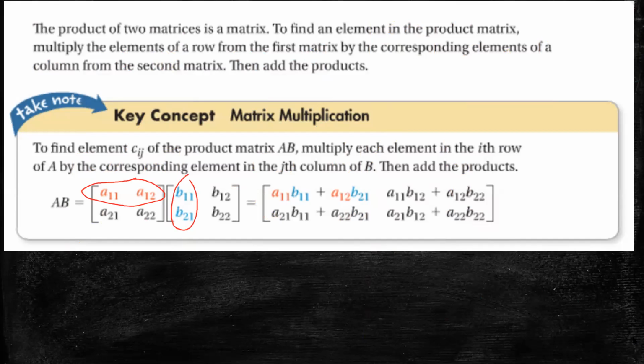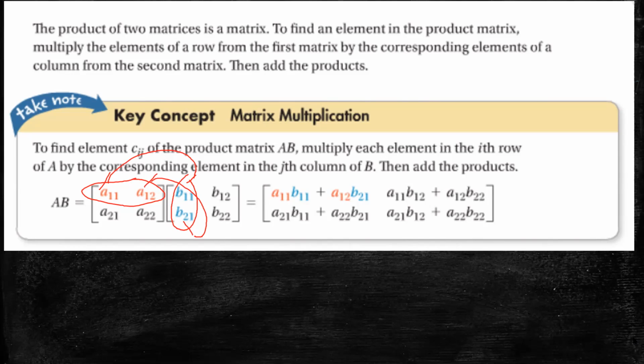That means you multiply the first element with the first element in the column, plus the second element with the second element in the column. A sub 11 times B sub 11 plus A sub 12 times B sub 21. The first row with the first column.